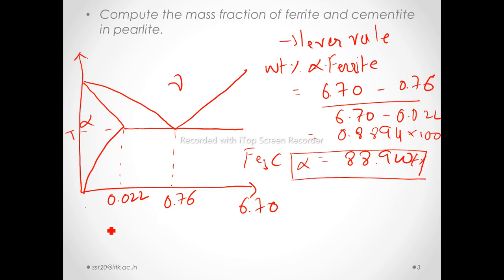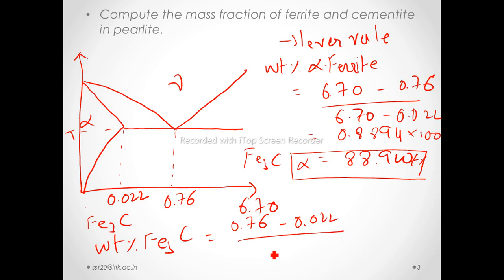The second is cementite, given by 0.76 minus 0.022 divided by 6.70 minus 0.022.